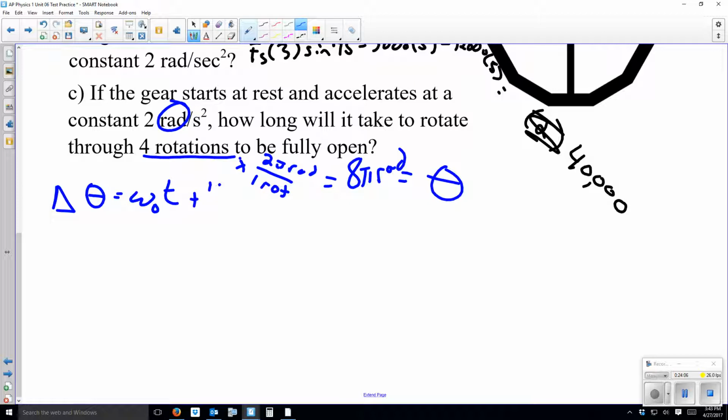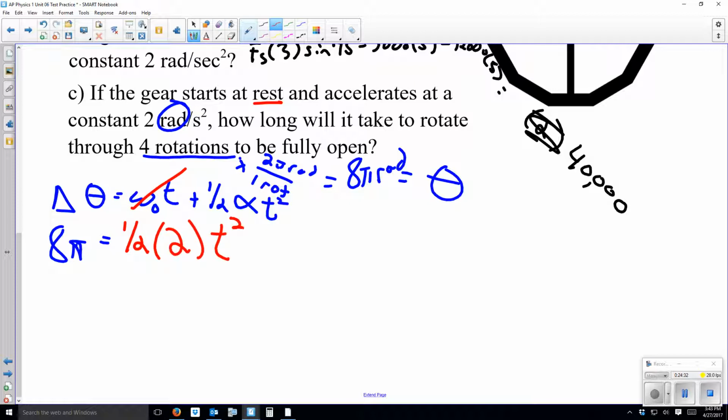So 8 pi, I'm not even going to put the unit, I don't want to muddy it up a little bit. I know that my angular speed to start with was 0. It started from rest, so that whole thing cancels out. 1/2, it says it accelerates with 2 radians per second squared, t squared. These two cancel themselves out. So really, we're just looking at the square root of 8 pi as the time, which should equal 5.01 seconds.